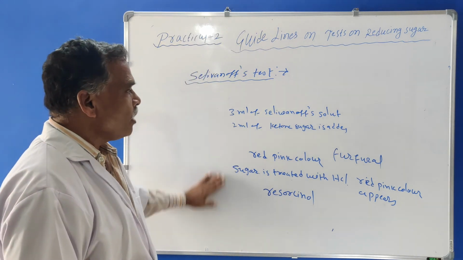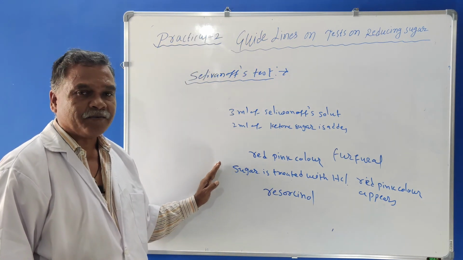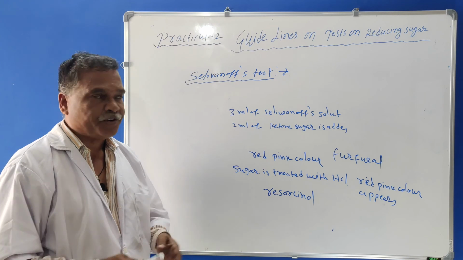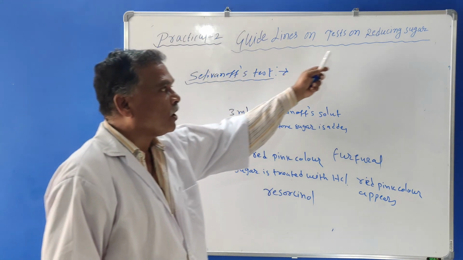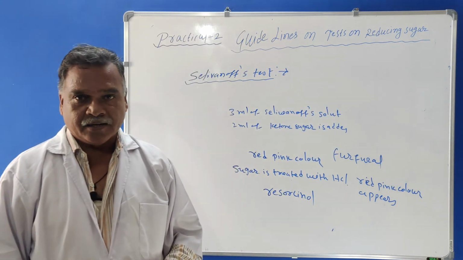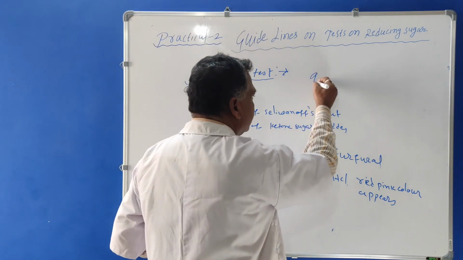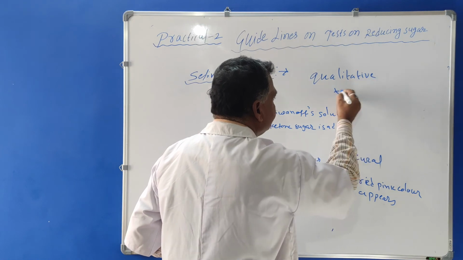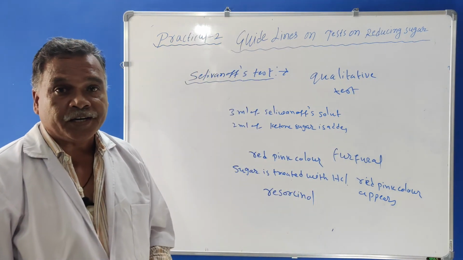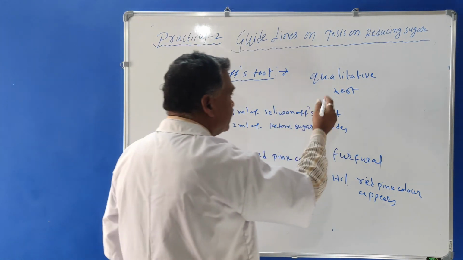So all these are the tests for reducing sugar, which are meant only for BDS students, not for MBBS students, because these are all qualitative tests. What is the difference between quantitative and qualitative?